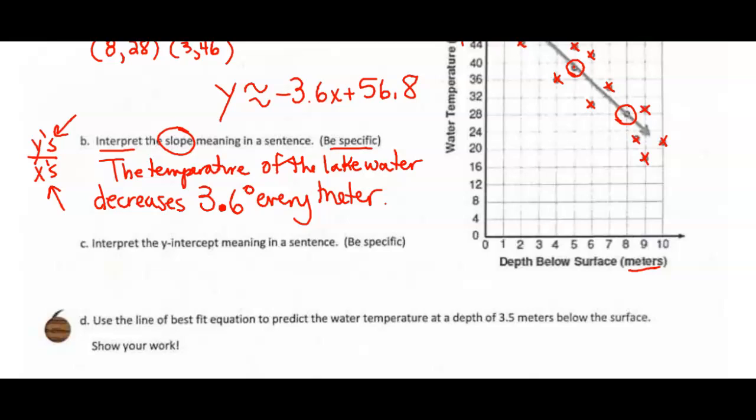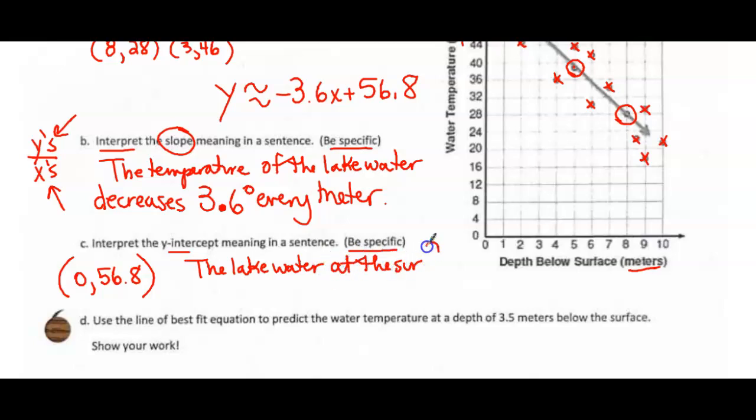It says interpret the y-intercept meaning in a sentence. Be specific. So let's write the y-intercept. The y-intercept would be (0, 56.8). This would mean the lake water at the surface, because remember this is about going down.